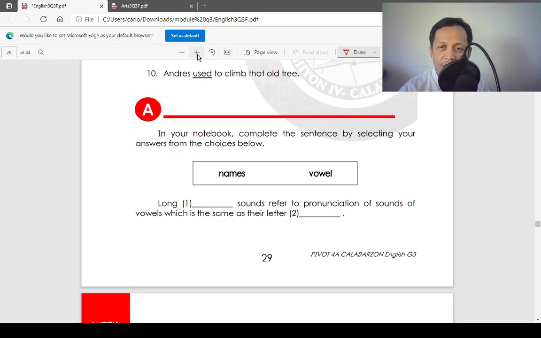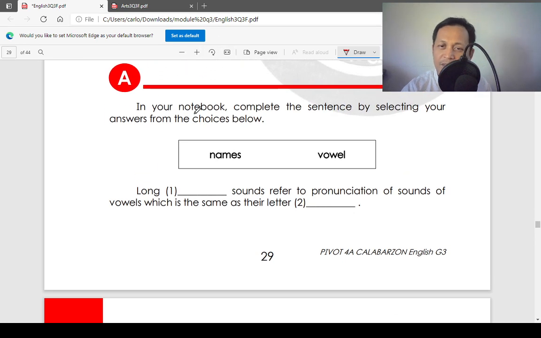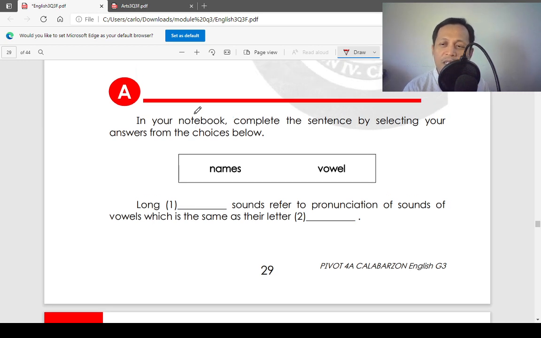Now for the last task for this week, in your notebook, complete the sentence by selecting your answers from the choices below. The given choices are names and vowel.